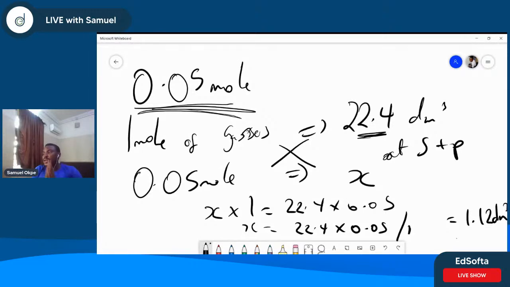As you can see, 1 mole of gas is equal to 22.4 dm cube. Therefore 0.05 mole will be equal to x at STP. So once you cross multiply, you can find your x by multiplying 22.4 times 0.05, and your answer will be 1.12 dm cube.